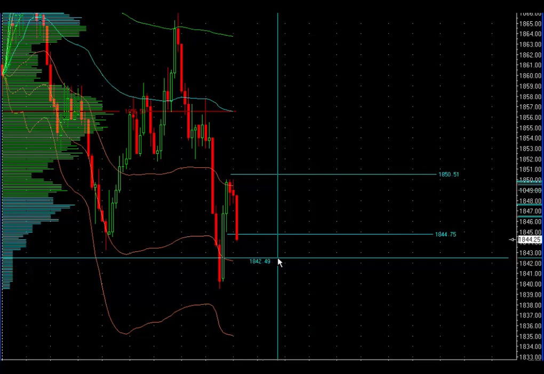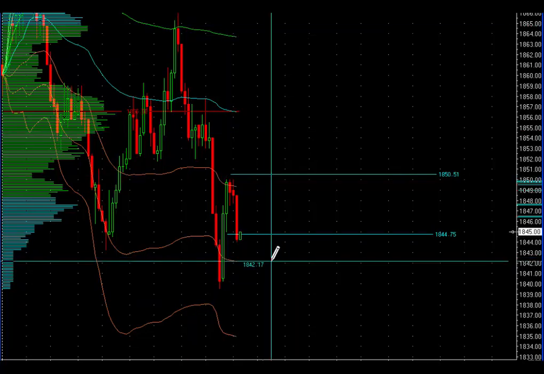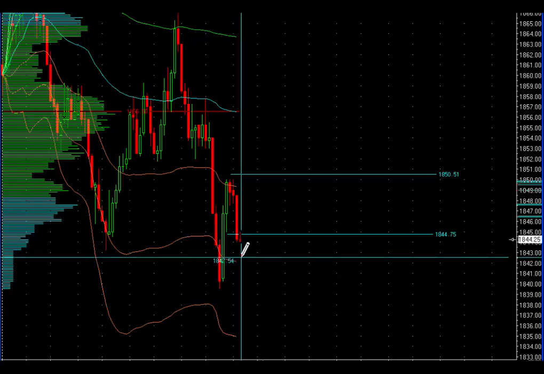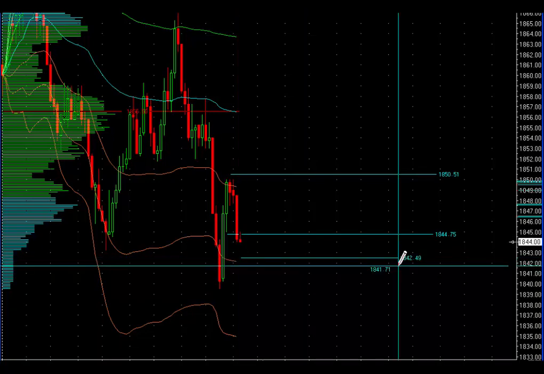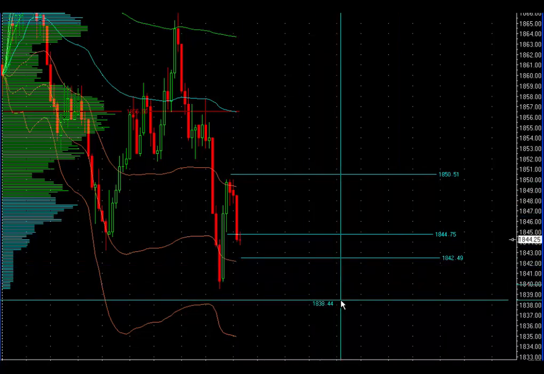842.50. That would be a 2 1/4 pointer on this down move.